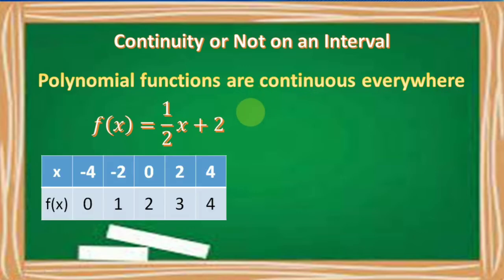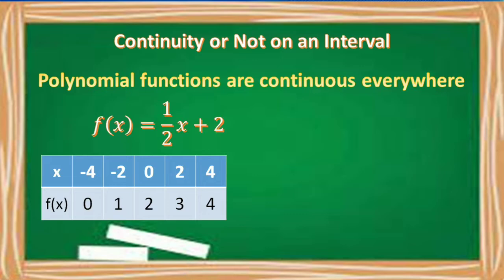Using the table of values we have, if x is -4, then f of x is 0, because 1/2 of -4 is -2. Then -2 plus 2 equals 0.